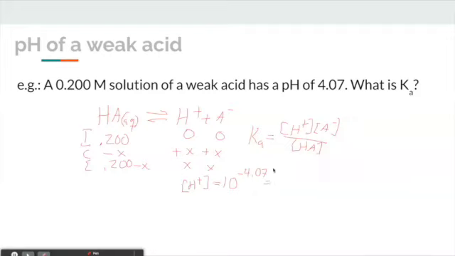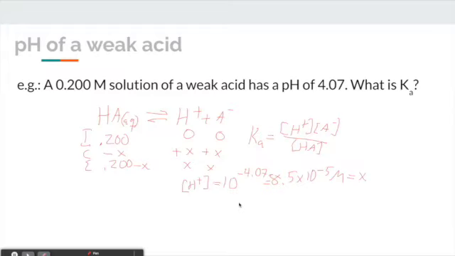So that number is 8.5 times 10 to the minus 5 molar. That's the concentration of H plus. And in this chart, X corresponds to the concentration of H plus.